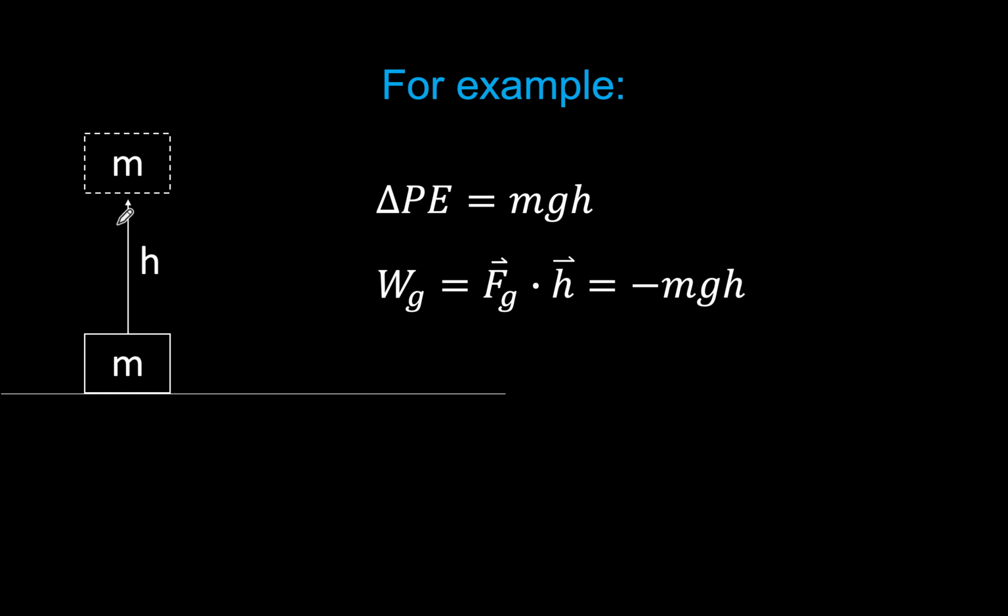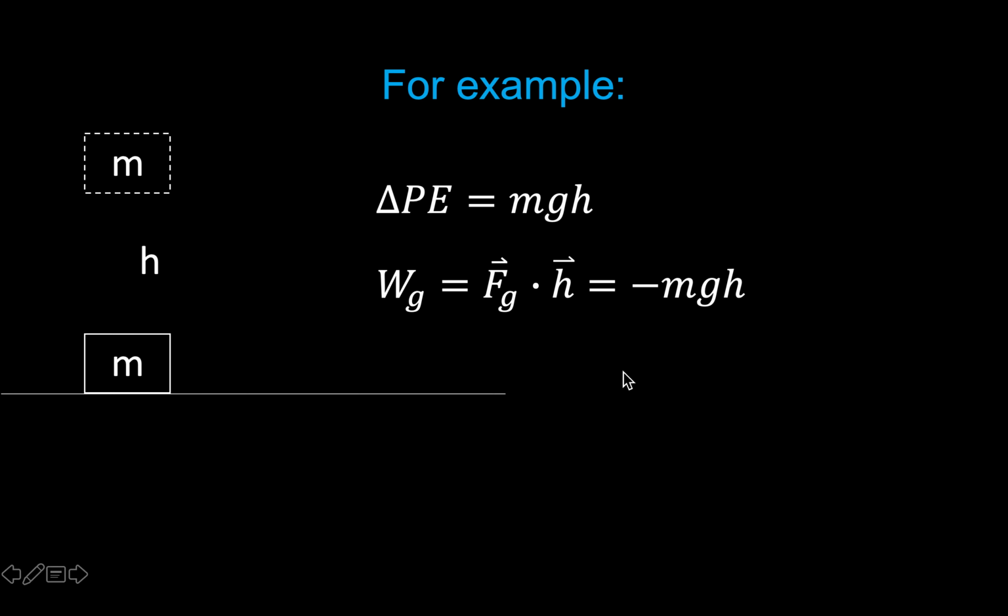The gravitational force is directed downward, and the displacement through which this mass is moving is directed upward, anti-parallel, in exactly the opposite direction to this. And for that reason, the dot product here is going to give us a negative result. So we can see here, this is just an example of, for a conservative force, that the change in potential energy is equal to the opposite of the work done by that conservative force.